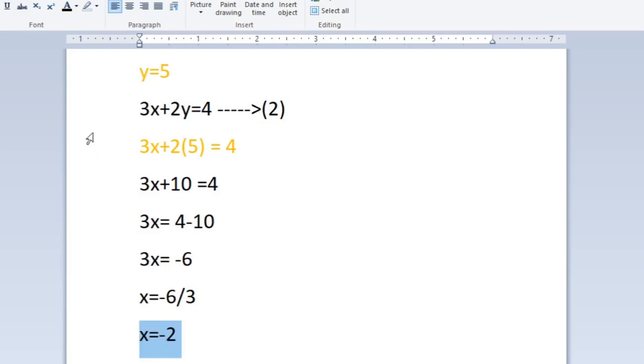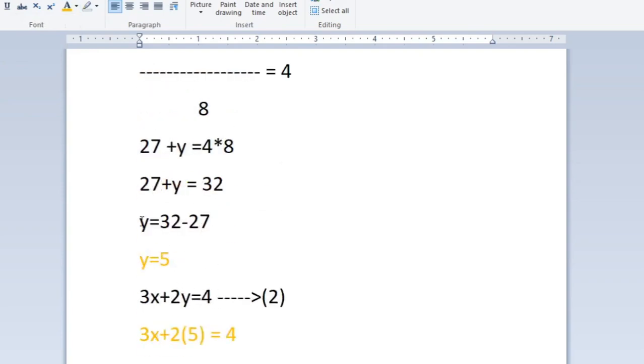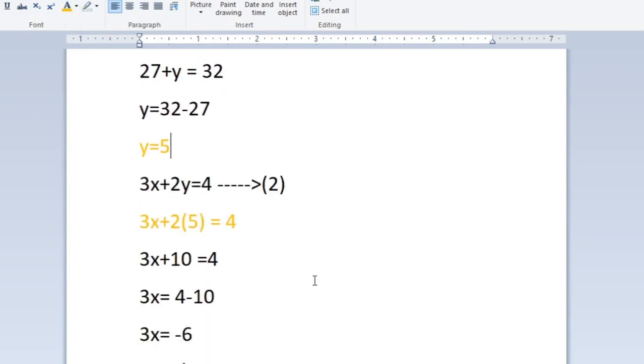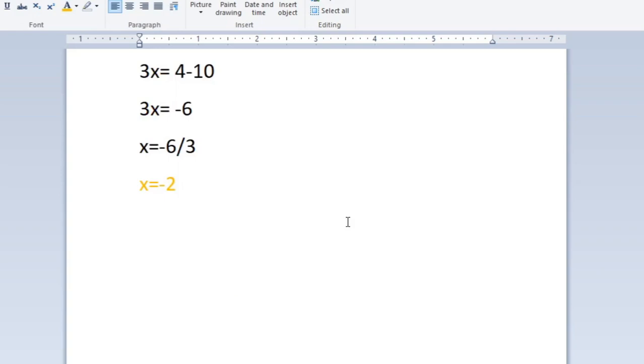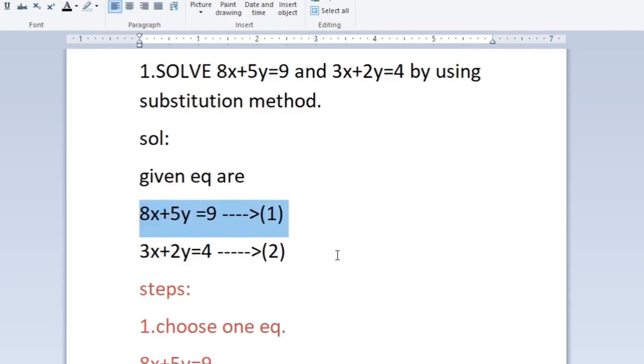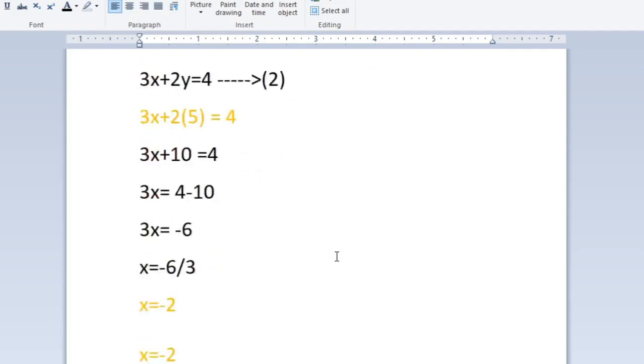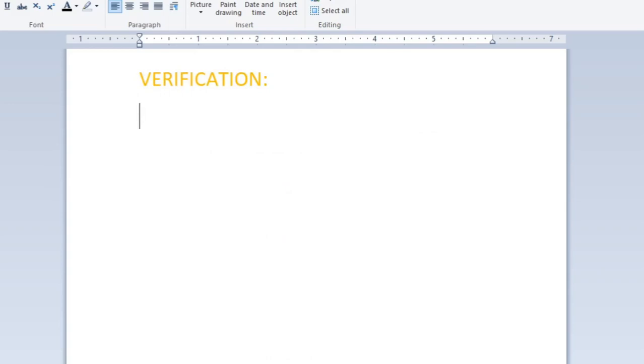Therefore we can get the values of x and y. So you go for verification, whether the answer is right or wrong. Now I will take the first equation, that is 8x plus 5y is equal to 9.